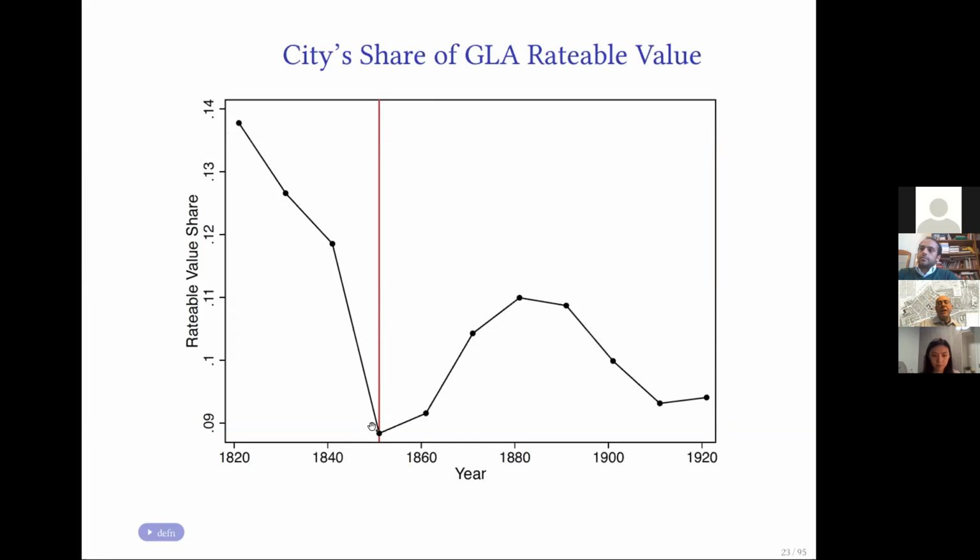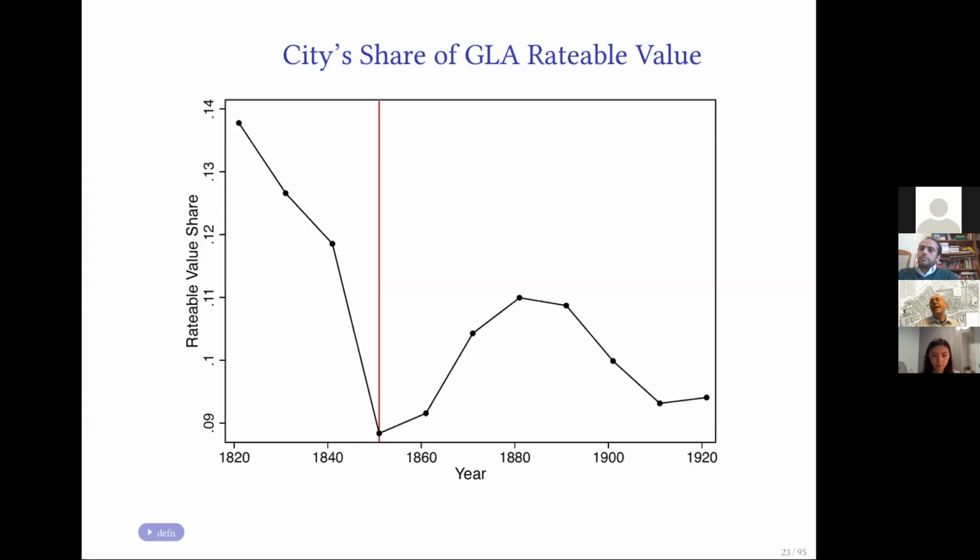However, in 1851, shortly after we see this sharp precipitous decline in population, we see that the City of London's share in the total value of all land and buildings in the Greater London area starts to increase. That's important because it means that whatever is happening in the mid-19th century that's driving this change in pattern of specialization, residence population declining, the number of people present during the day increasing, it must be making the City of London relatively more valuable.